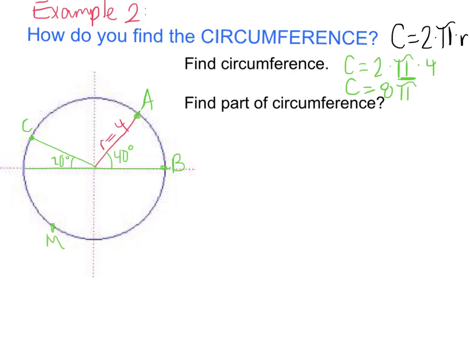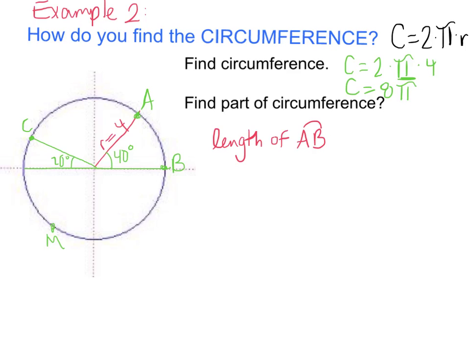And now I'd like you to add these extra points and values on here. Let's call this A, B, and C. And I'd like you to put in this point M here. And we're going to find a couple values. The first thing I'm going to ask you is, can you find, and I literally want you to write the length of arc AB.